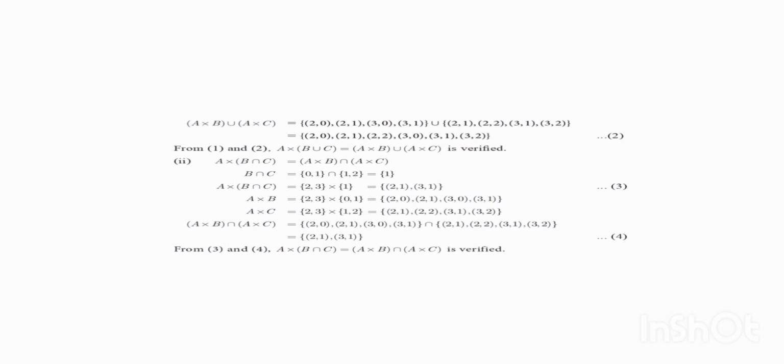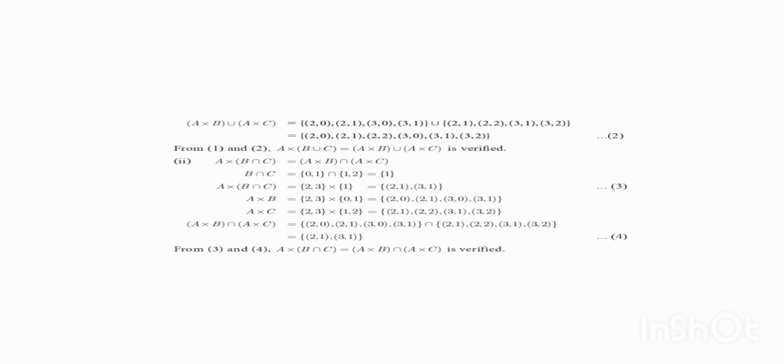Now the second subdivision part is in a similar way. We have to find the intersection and then find the Cartesian product of A and B intersection C. Then this is LHS. For RHS, the right hand side, we have to find A cross B and A cross C. After finding that, we make the intersection of these two.